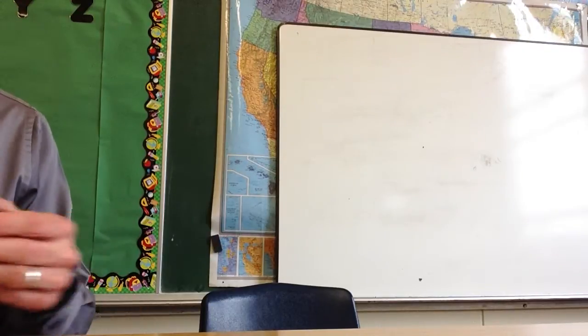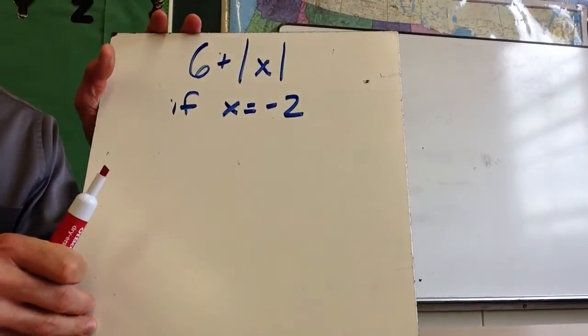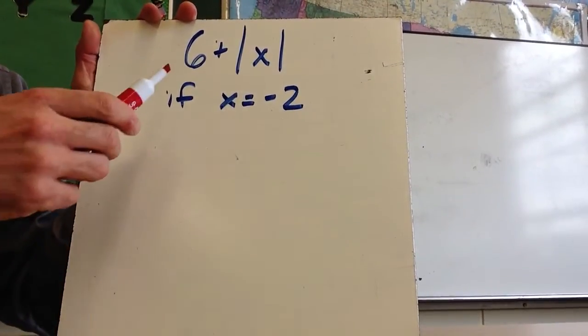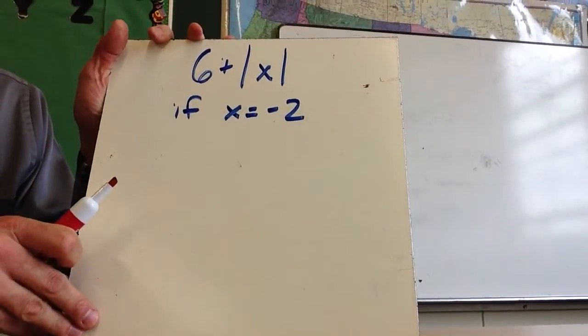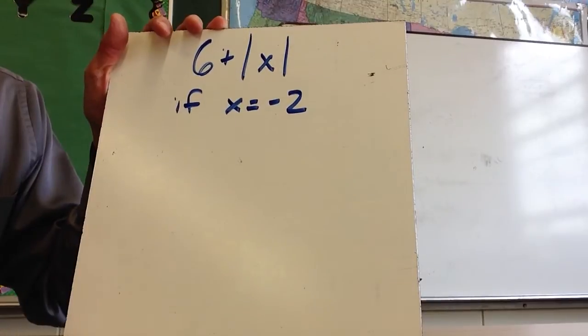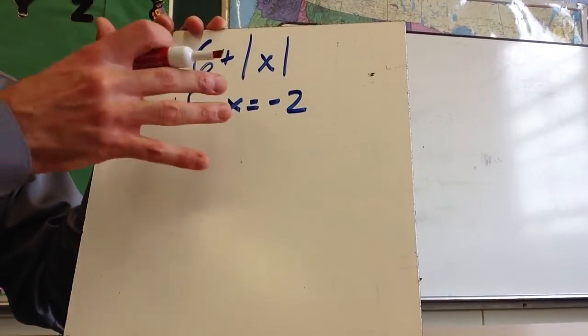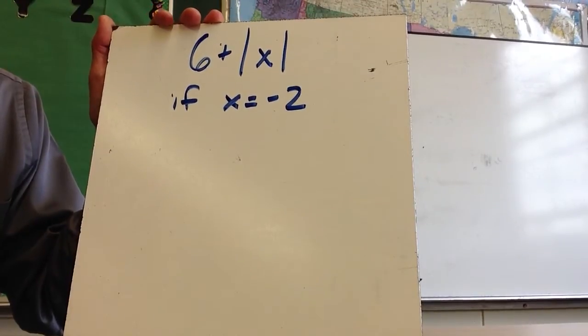All right. Now, the last thing I want to practice is using absolute value in algebra. So 6 plus the absolute value of x if x equals -2. Keep in mind these absolute values in terms of PEMDAS work as parentheses. They obviously do something different than what parentheses do, but in terms of order of operation they should be done first.